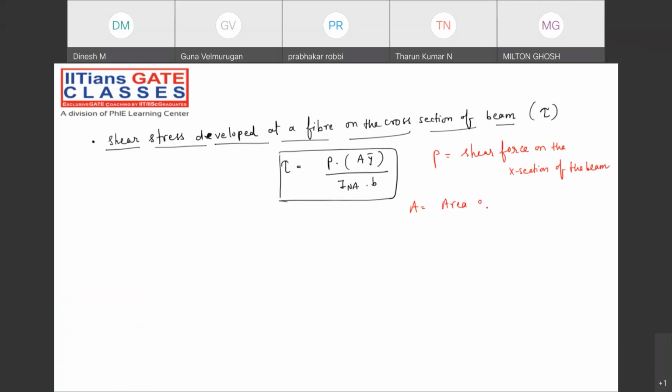Area of the hatched portion on the cross section of the beam, which is above the fiber where the tau is to be determined.